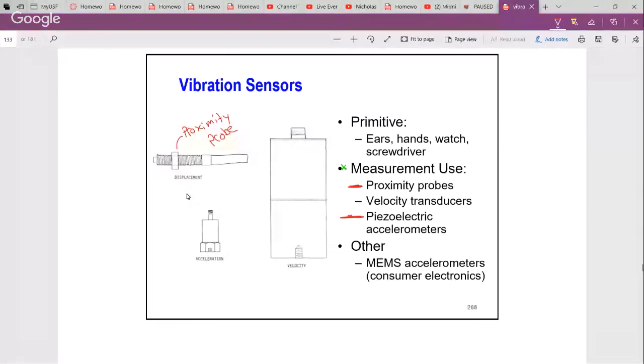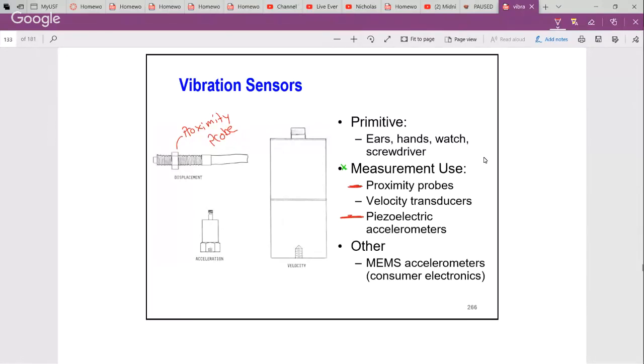Of course, we can sense vibration more primitively, and I don't believe we use the word primitive because it's not necessarily very primitive, but these methods are not going to quantify things like the accelerometer can. But of course, we can get an idea of whether or not we have a vibration change or a vibration problem, like a watch.